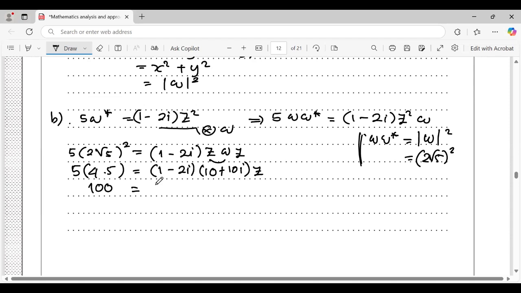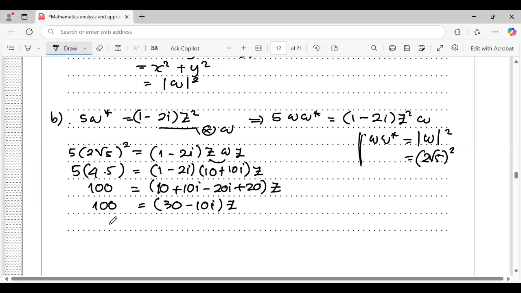Now let me calculate. This is 10 plus 10i minus 20i plus 20, so 100 equals 10 plus 20, 30, and 10 minus 20 is minus 10i.